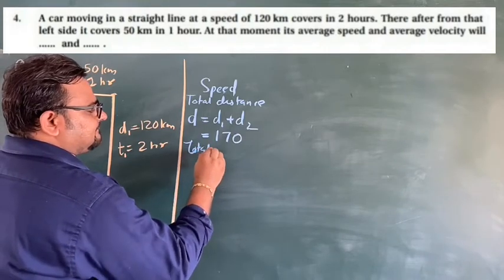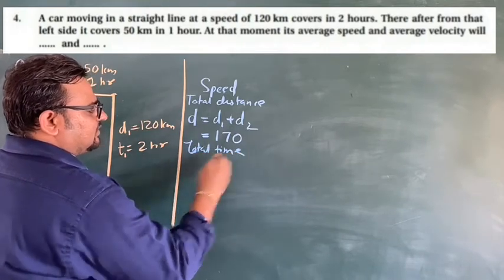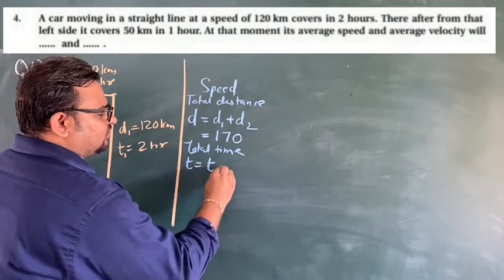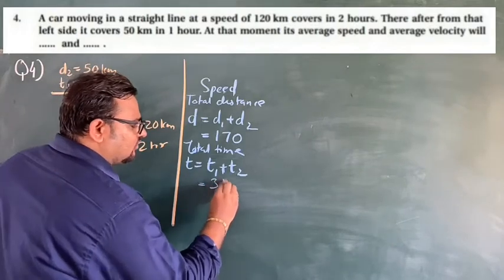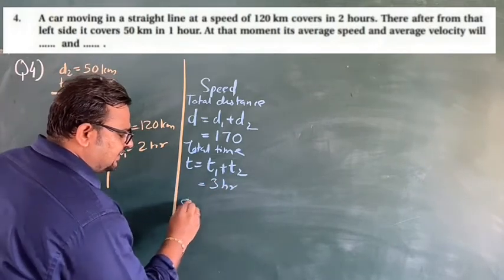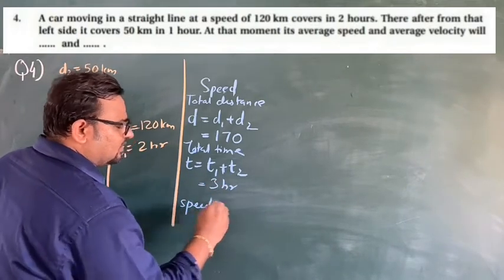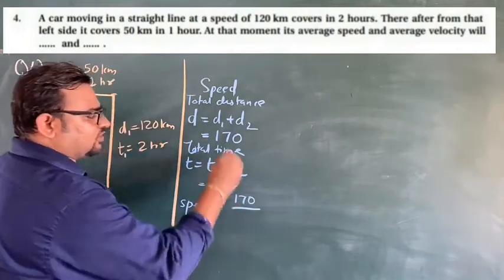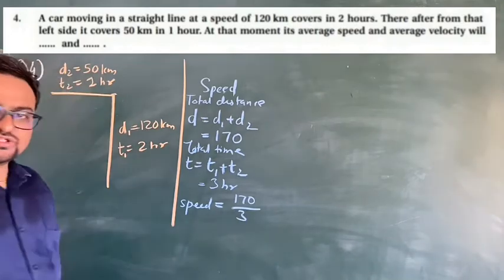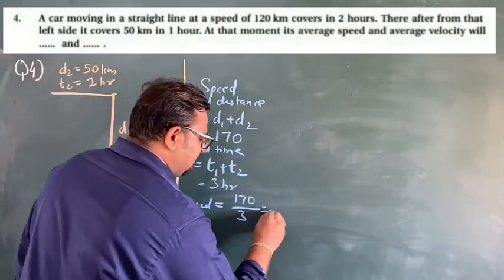Total time t is equal to t1 plus t2, so 2 hours plus 1 hour, equal to 3 hours. So speed will be equal to total distance 170 upon total time 3.